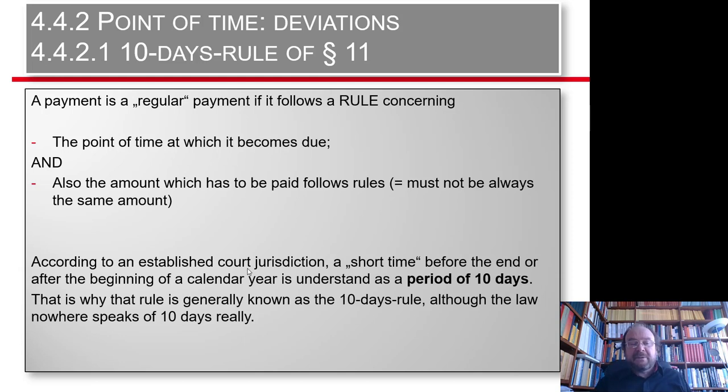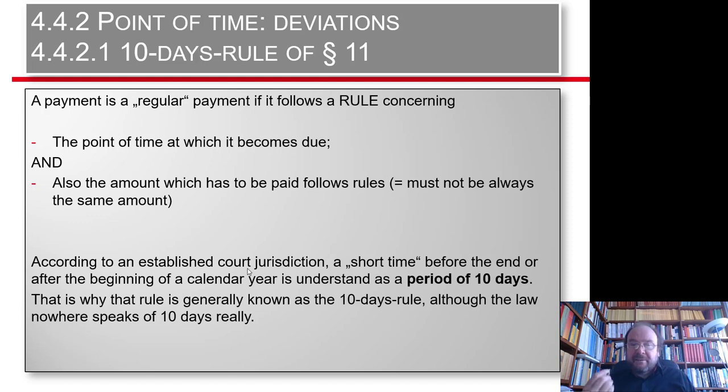And a payment is also regular if the amount can be determined according to rules. So, let's say the rent payment is always the same, or value-added tax payments for each quarter of a year or for each month happen regularly and have to be calculated according to fixed rules in the law.